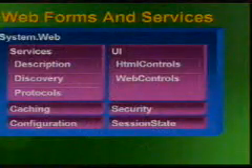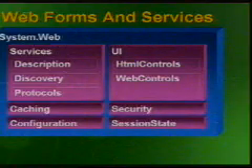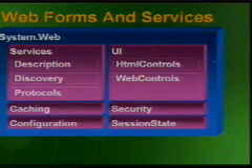Looking at the web forms and web services part of the framework, in the system.web namespace, first you'll find lower level things that are shared between web services and web UI, like caching, configuration, security, state management, and so forth. And then we have system.web.services that provides you classes to deal with protocols, discovery, and so forth.